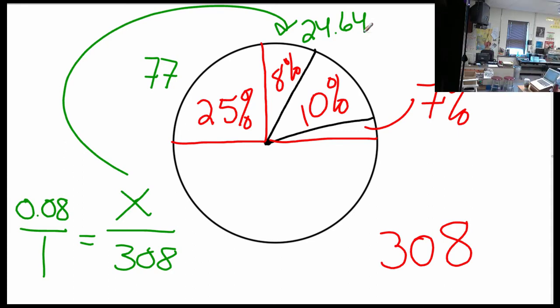Is there an easy way to find that? What do we do with this number? Times it by 0.1, or we just move the decimal one place. 30.8.